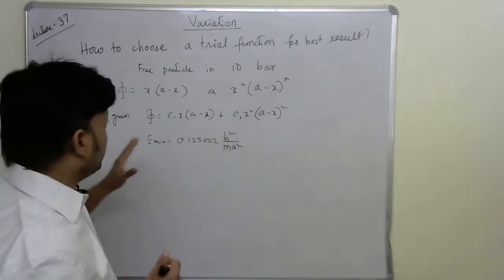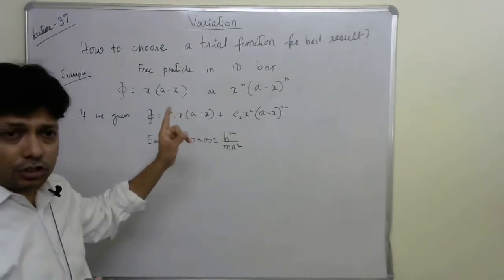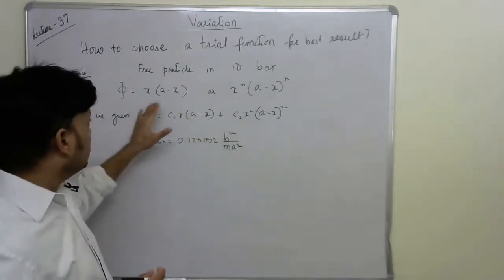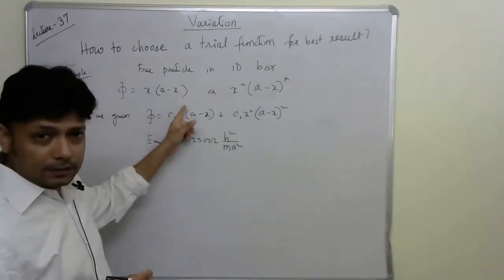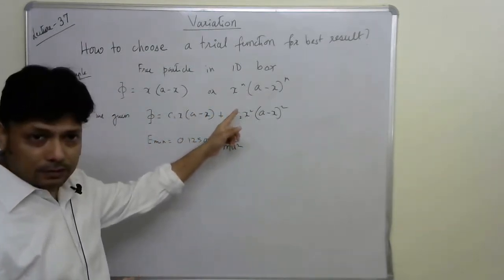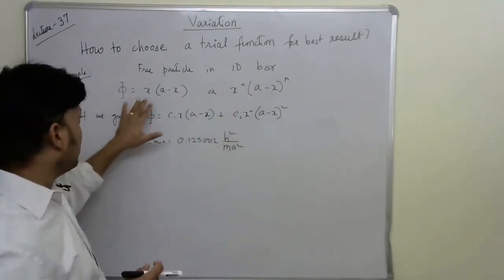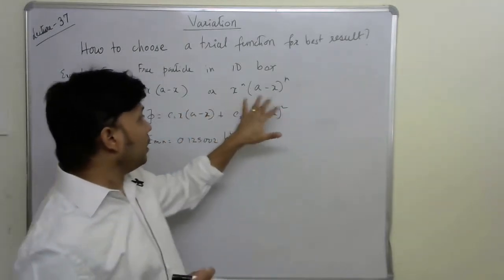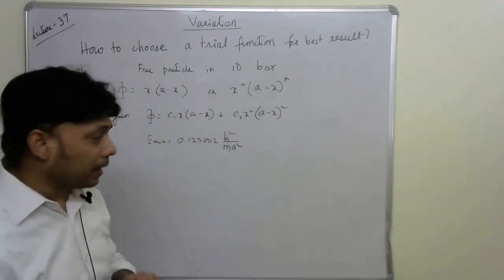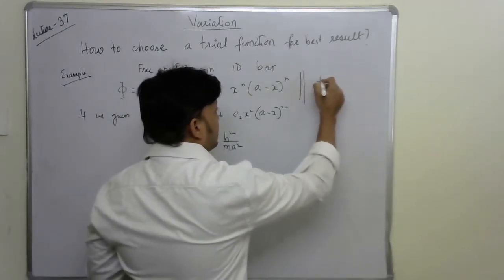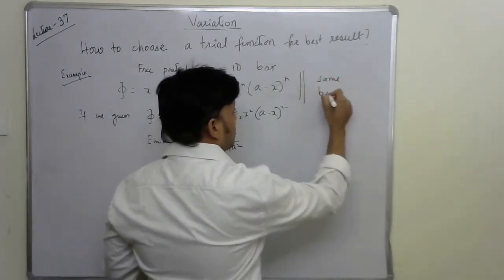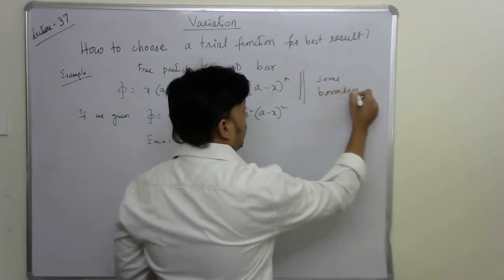If you remember, while discussing that chapter, I told you that we can take the trial function phi as x multiplied by (a minus x), or x to the power n multiplied by (a minus x) to the power n. It satisfies the same boundary conditions. So what are the boundary conditions?